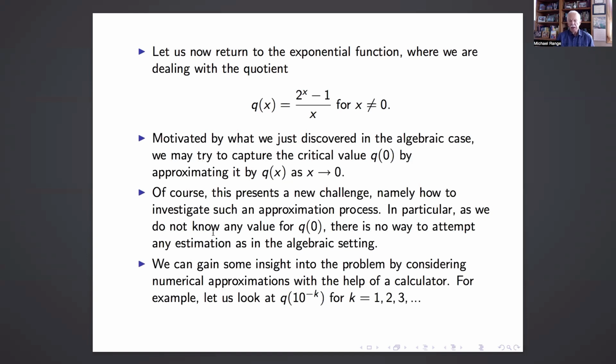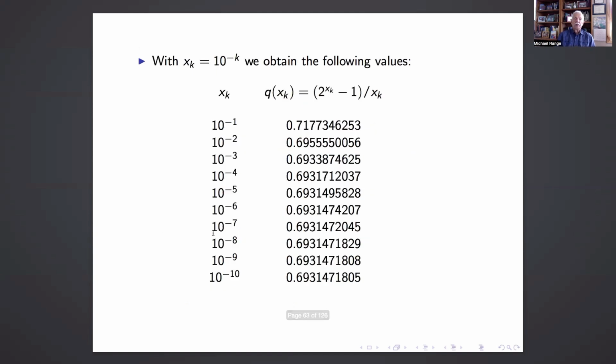We can gain some insight into the problem by considering numerical approximation with the help of a calculator. For example, let us look at q evaluated at 10 to the minus k for k equals 1, 2, 3, and so on. So these are numbers 10 to the minus k that get closer and closer to 0. So with xk equals 10 to the minus k, we obtain the following values for q at xk. Here is a table.